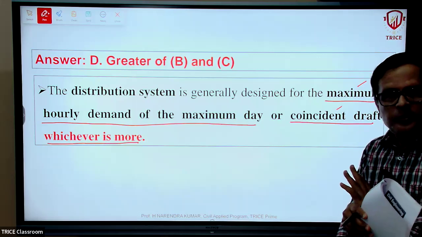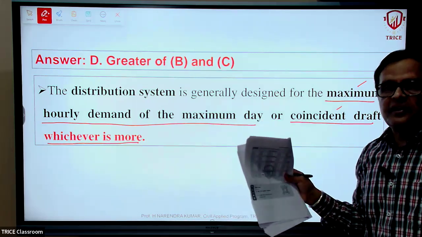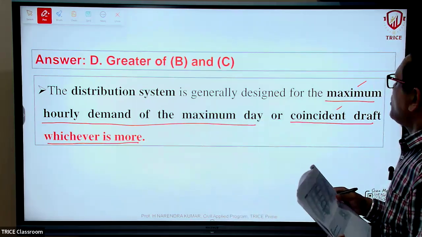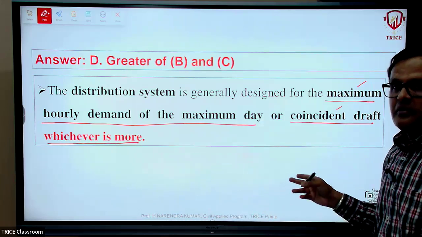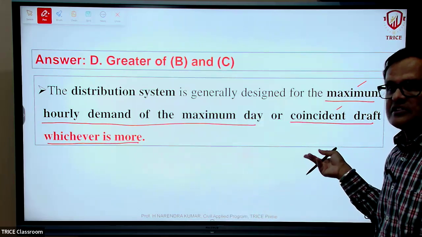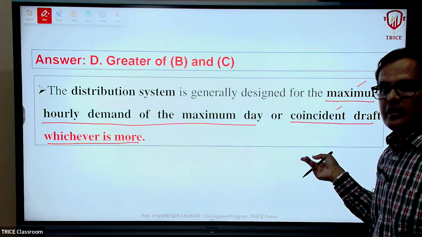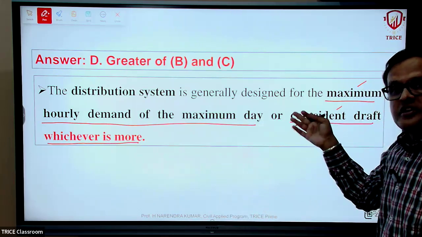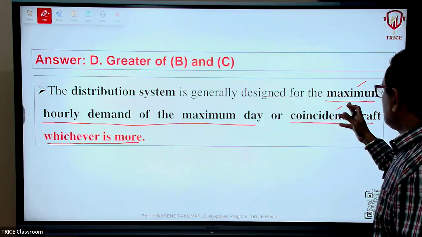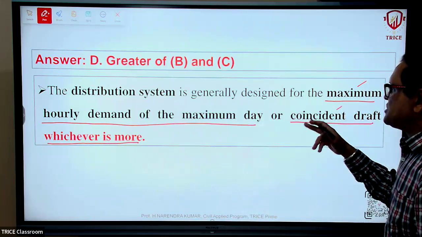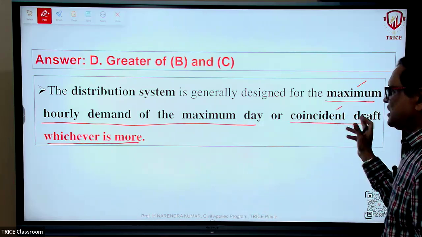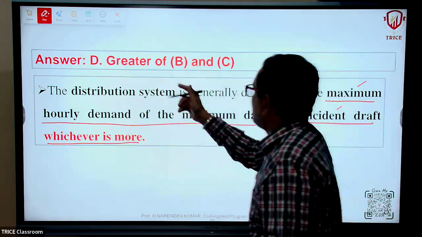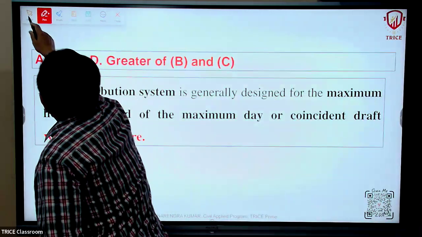That is nothing but the peak demand for a given city. Coincident demand is nothing but when you add MDD plus FD. But I cannot add the FD to the MHD for the calculation. So that is why we calculate like this: MHD of the maximum day or CD, whichever is more. That is the greater of B and C.